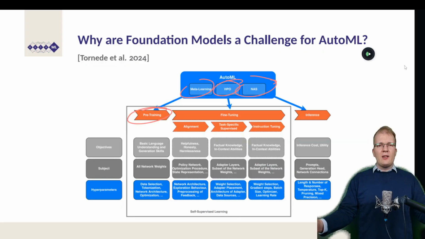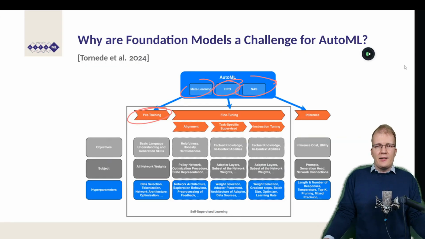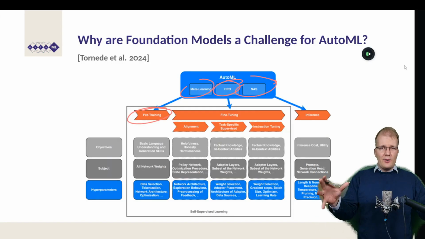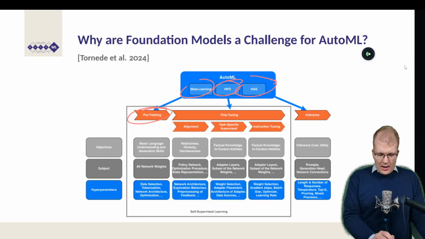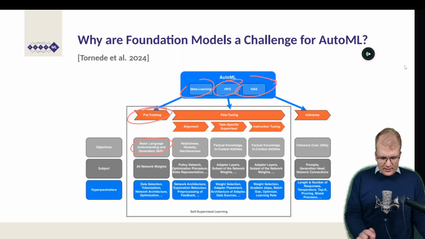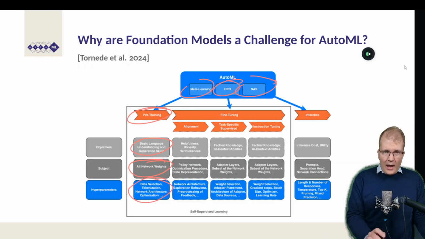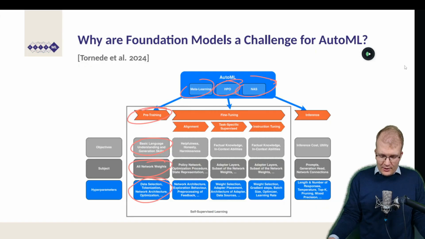If we're really thinking about a state-of-the-art large language model agentic system, that costs hundreds of millions of dollars. So super crazy expensive, can't afford many of them. And the objectives are something like basic language understanding, generation skills. We really update all weights of a network, and we have ample different kinds of hyperparameters involved.